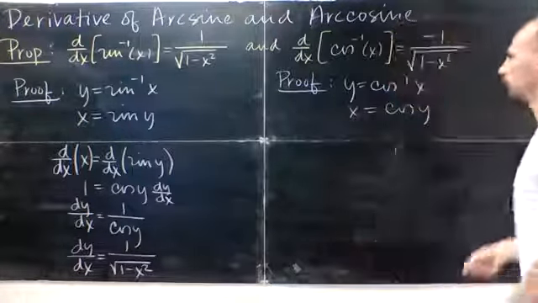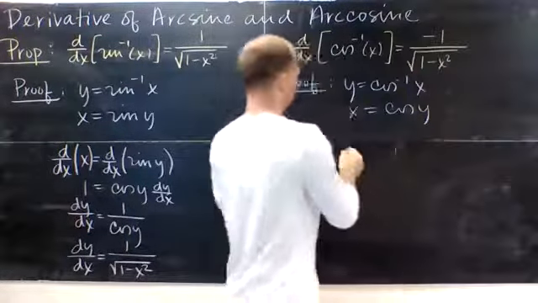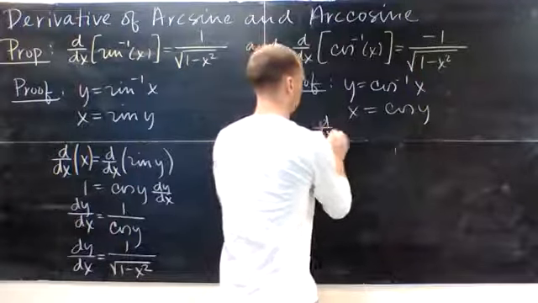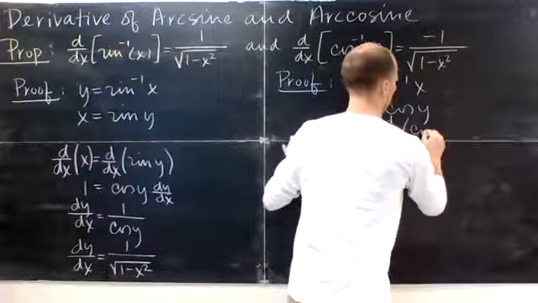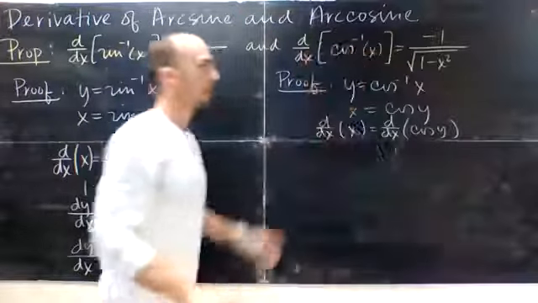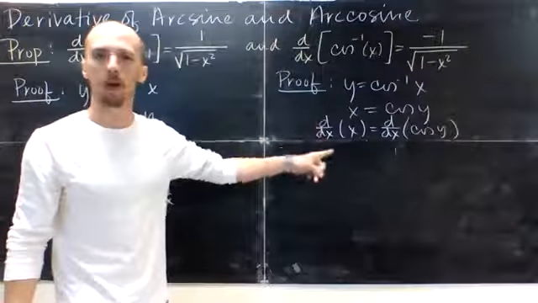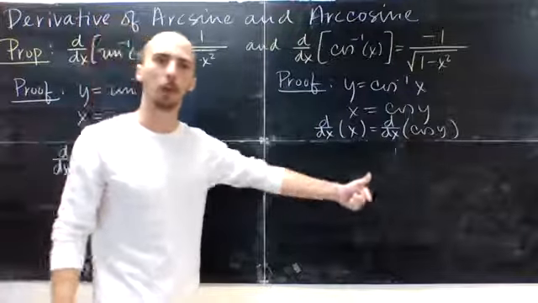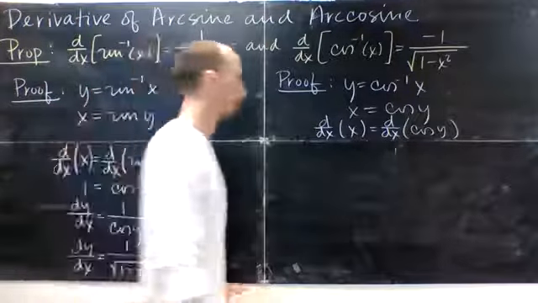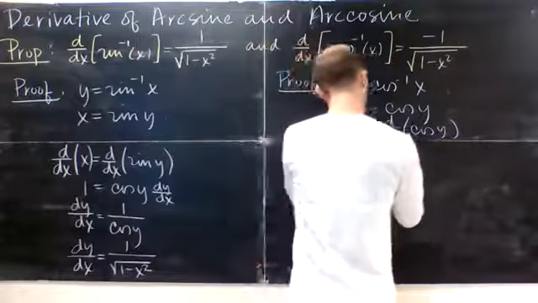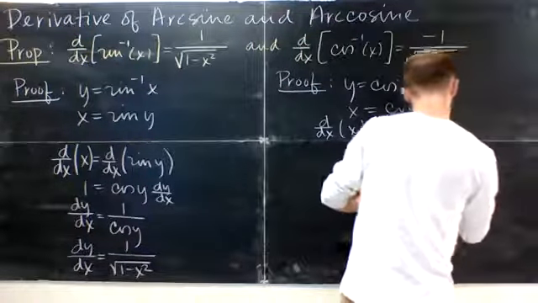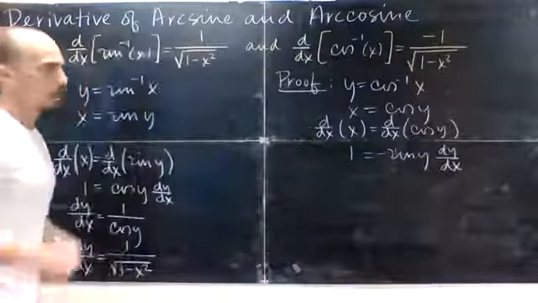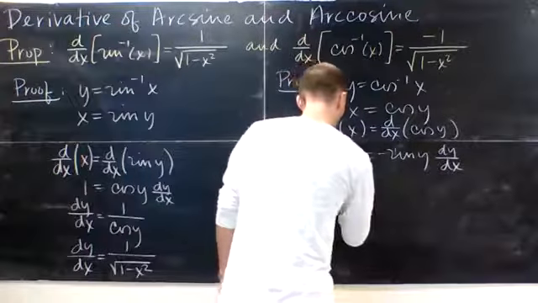I'm going to take the derivative of both sides with respect to x. Okay. And then when I take the derivative of cosine of y, that's going to be negative sine y dy dx, and that's where we get that negativity from. So 1 equals negative sine y times dy dx. Meaning that dy dx is negative 1 over sine y.